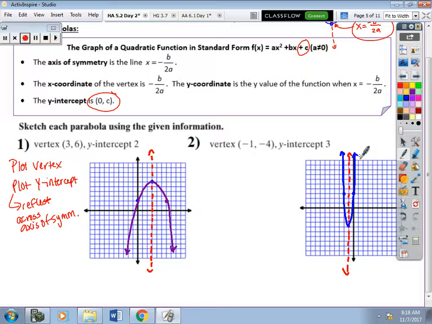This one should be real tall and skinny. Okay, so plotting our vertex at -1, -4. Y-intercept is at 3, reflected across the line of symmetry, and we have a nice skinny parabola.